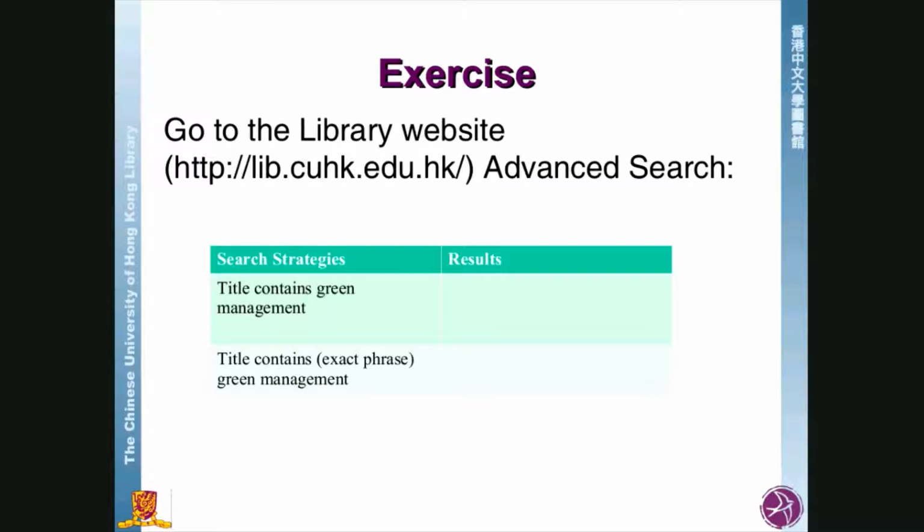This time, we want to find something about green management, and I want to tell the system to search green management in title. The first search strategy is title contains green management. Then let's see how many results we can find. The second one is title contains exact phrase, green management.